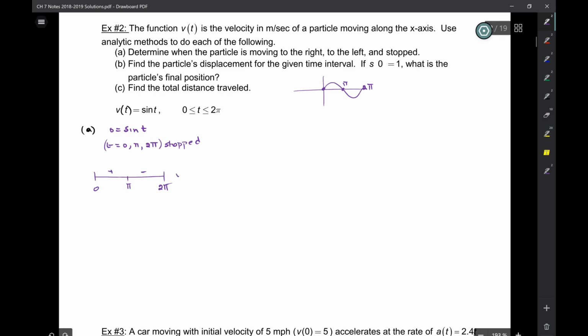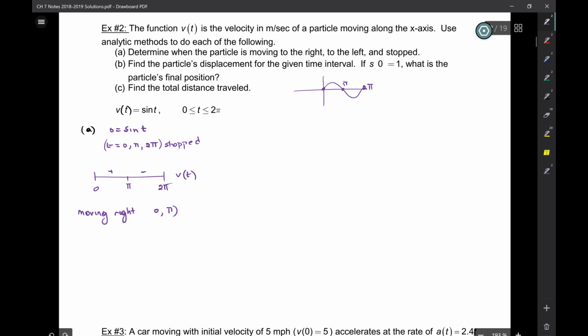And don't forget that this is v of t we're looking at. So this is moving to the right from 0 to pi. Do we open or close at 0?